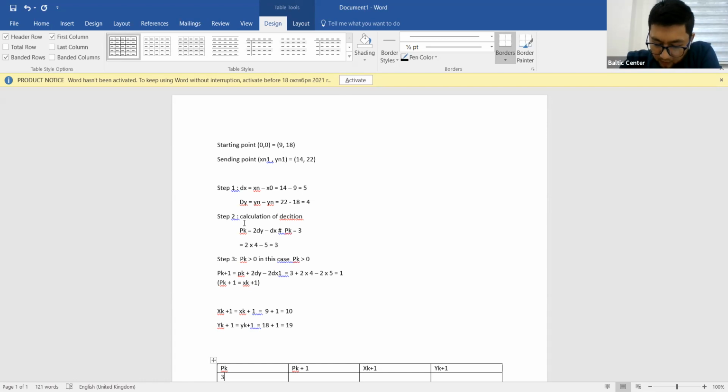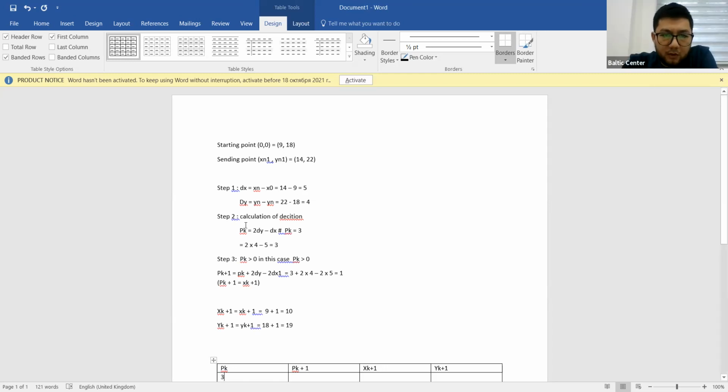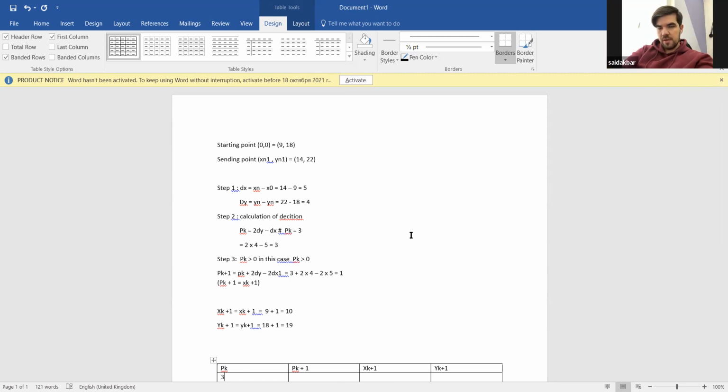How did we get the pk equals 3? Here we have the formula: 2 delta y is 8, minus delta x. Delta x is 5. 8 minus 5 is 3. Am I correct? That's correct. This is how we got the pk equals 3.